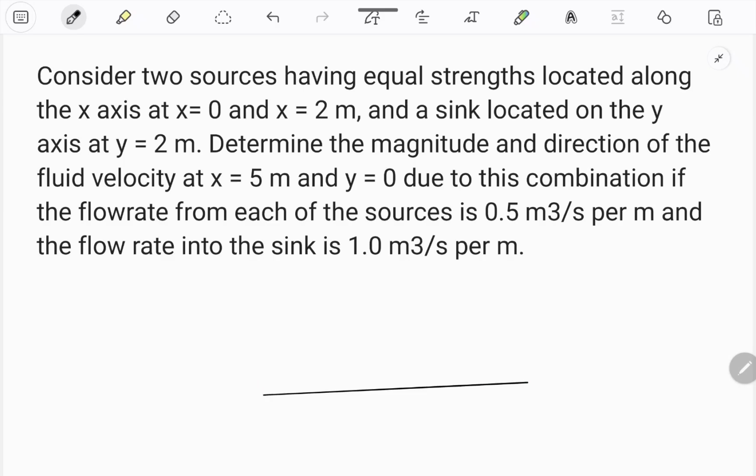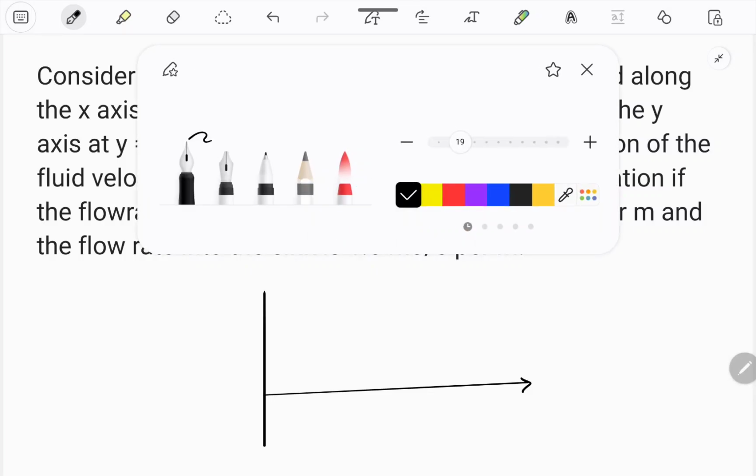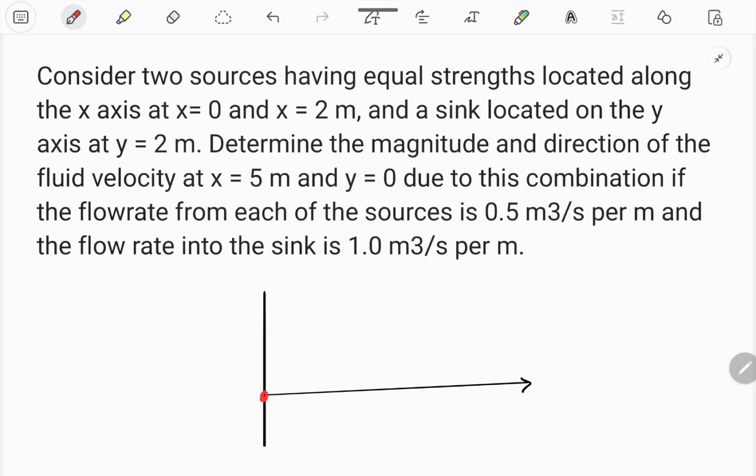We have a source, something is coming out. I'll represent my source with a dot, and another one here, 2, right?